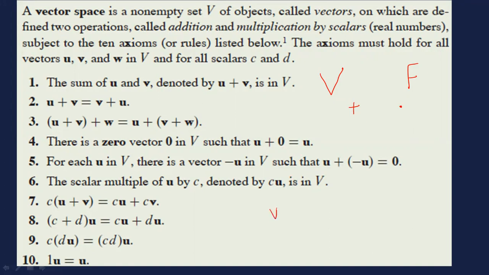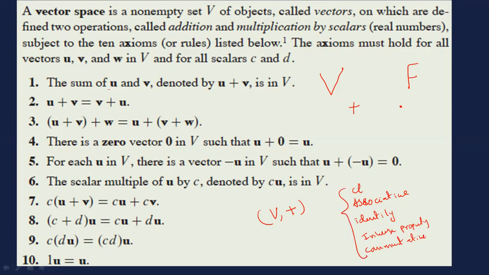(V, +) should be an abelian group. So with respect to addition, it is an abelian group, meaning it has to satisfy the closure property, associative property, identity property, inverse property with respect to addition, and commutative property. So with respect to addition, you have to satisfy these five properties.